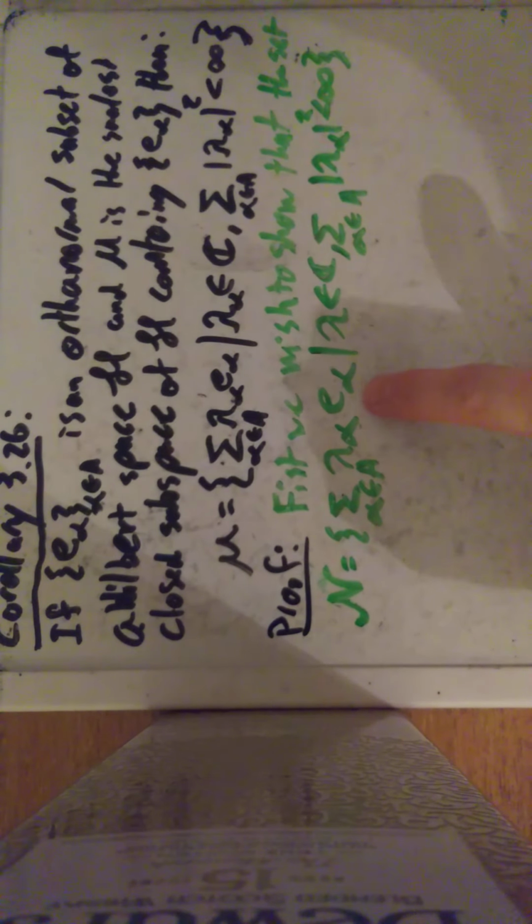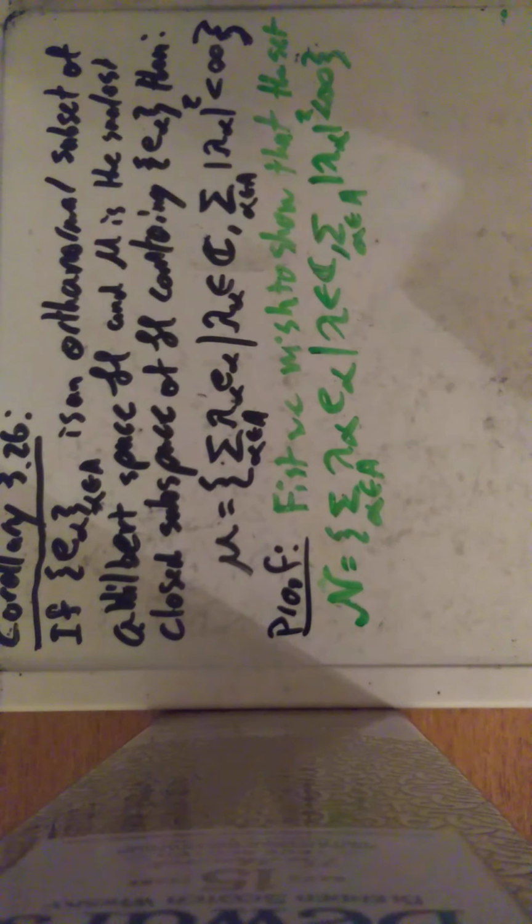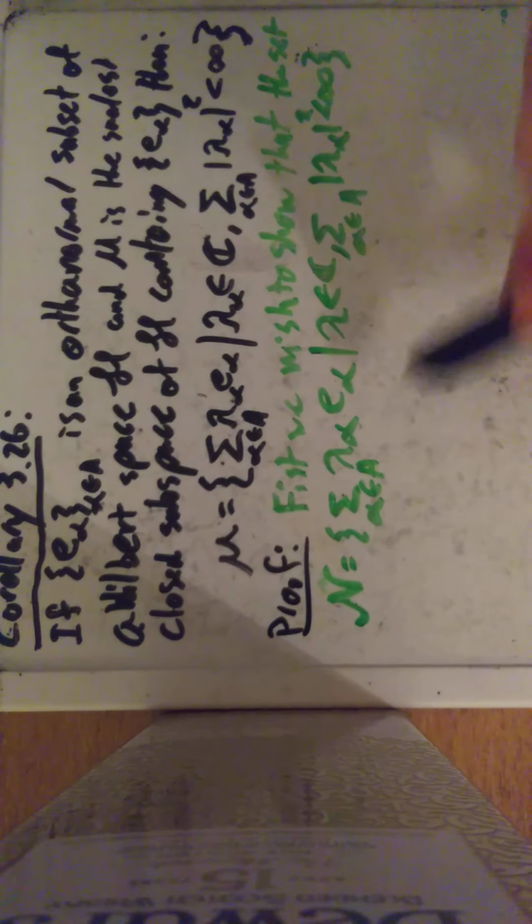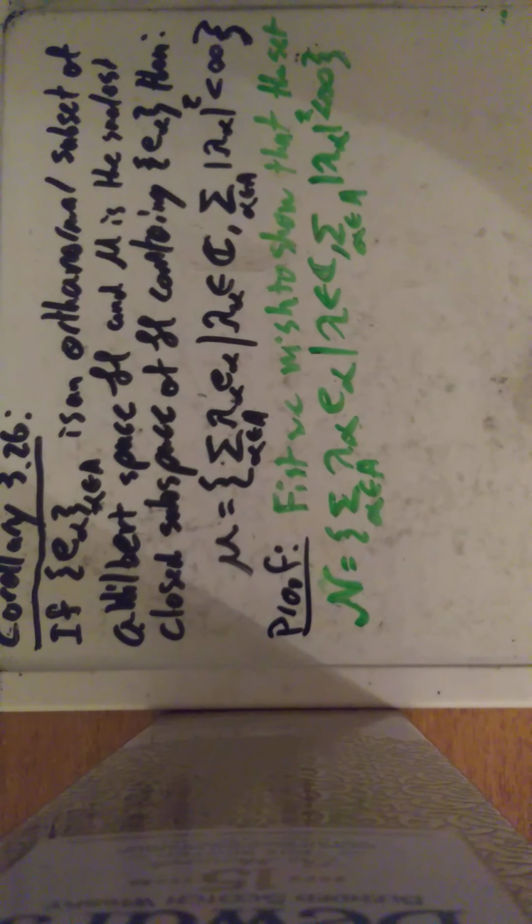But because this is an orthonormal subset, all of the norms of E sub alpha are going to be 1, which gives us that these in fact are the norms of our vectors in the sum, or elements of the Hilbert space, that are the lambda alpha times E sub alpha. This is in fact just the norm of those vectors. So that does meet our requirement needed to use theorem 3.25.